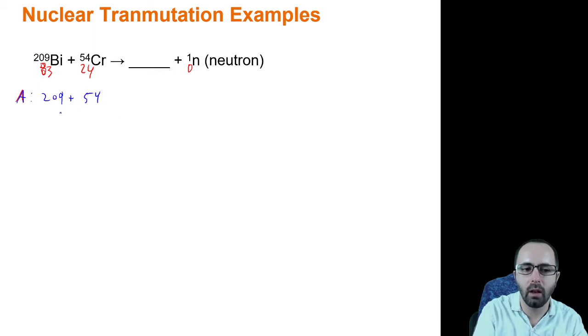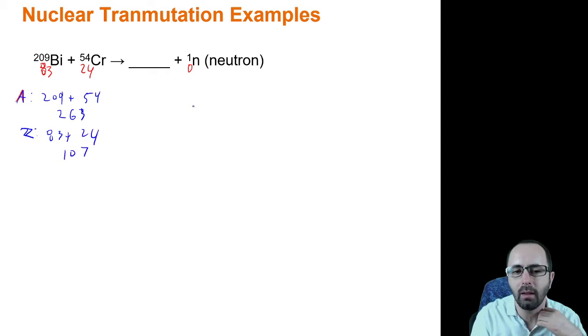So on the left side, our mass numbers add up to 263. And our atomic numbers, Z, are 83 plus 24. They add up to 107.